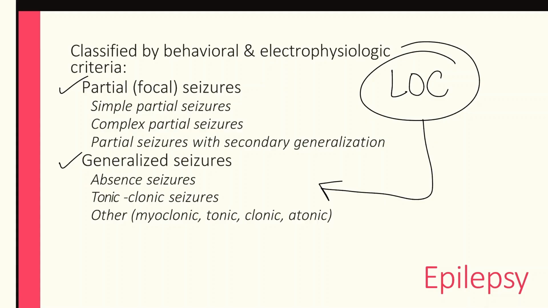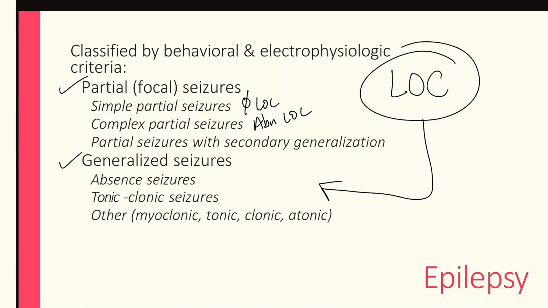Partial focal seizures will have either no loss of consciousness or an abnormal level of consciousness. They'll be kind of confused, twilight, not acting normally. So partial focal seizures do not lose consciousness. Generalized seizures do lose consciousness.